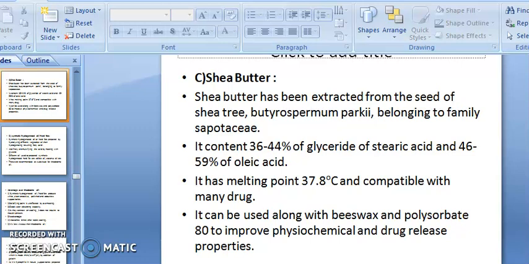It can be used along with beeswax and polysorbate 80 to improve the physicochemical and drug release properties of suppositories.